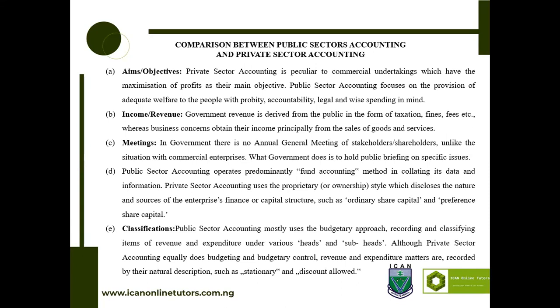Public sector accounting operates predominantly with the use of the fund accounting method in collecting its data and information. That's for the public sector. While private sector accounting uses the ownership style, which discloses the nature and sources of the enterprise's finance or capital structure.